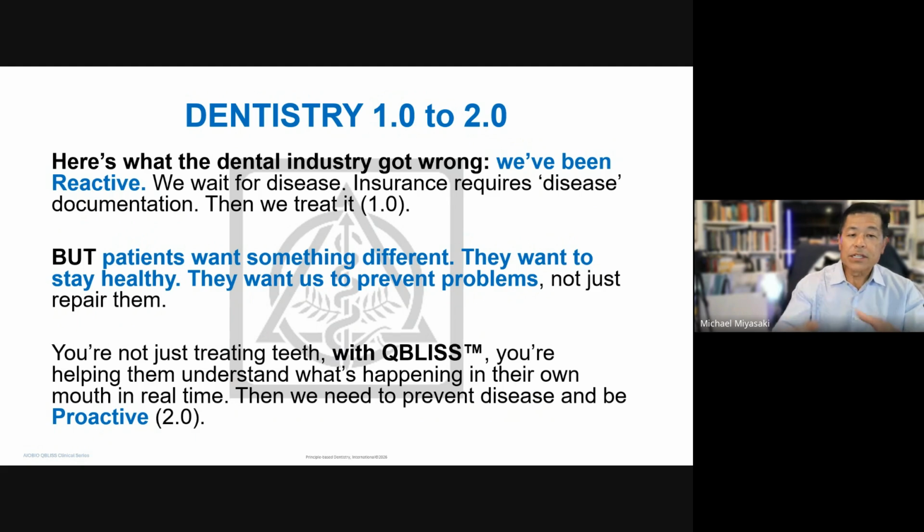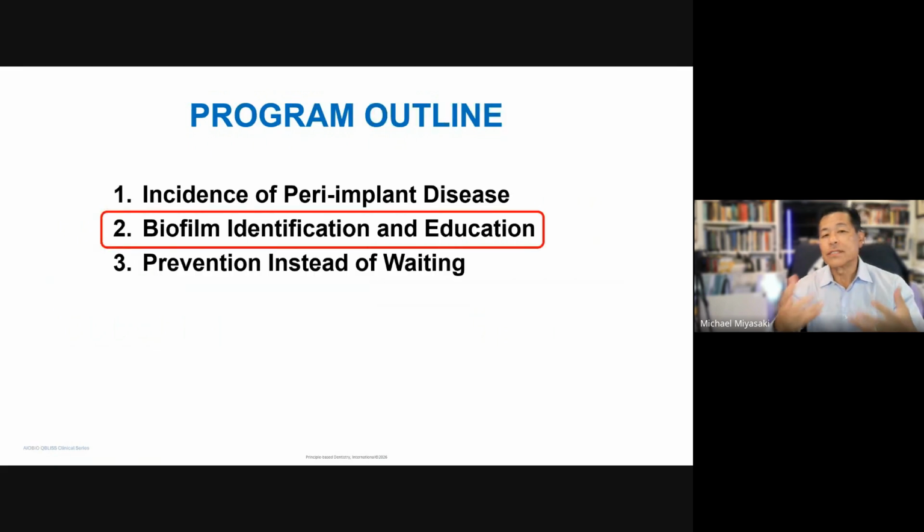And then we can get into what I call dentistry 2.0, which I think is the future of dentistry, and that's being proactive. Even in restorative dentistry today, we have ways to prevent decay. If we see early signs, we can prevent demineralization. If we see early signs of gum disease, we can prevent that from progressing. So I think we're in a very unique and exciting time in our profession.